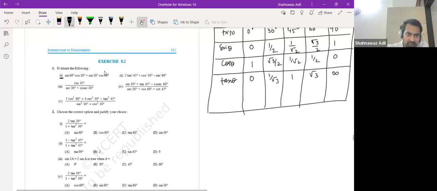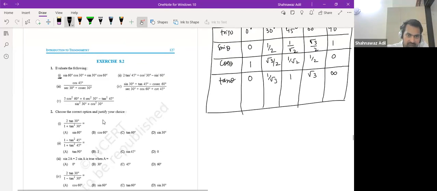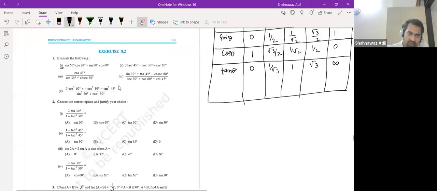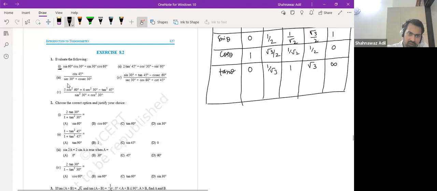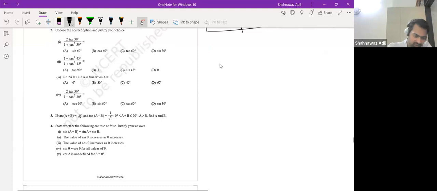These are all for calculation purposes. How many questions do you have? One, two, three, four, five, six, seven, eight. So you have 8 questions. Practice all of them.